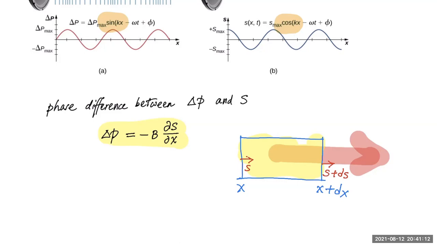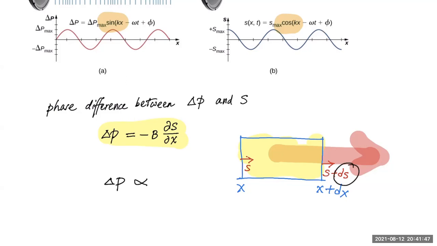So the reason why there is an additional pressure delta P is because the left and right side move by different amounts. You're not looking at S, because S and S can cancel out. You're looking at ds. When ds is large, you're going to get a large amount of compression or decompression, leading to a large change in the volume of the region, therefore leading to a greater amount of pressure variation, which is delta P. This is the reason why delta P is not proportional to S, but proportional to the change in S. So ds over dx.